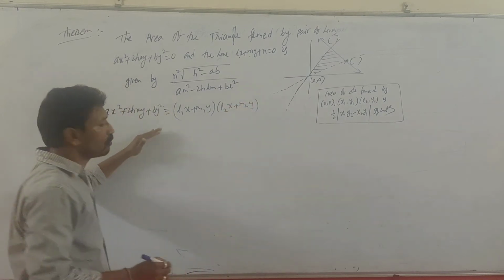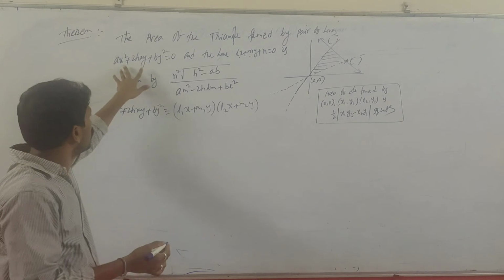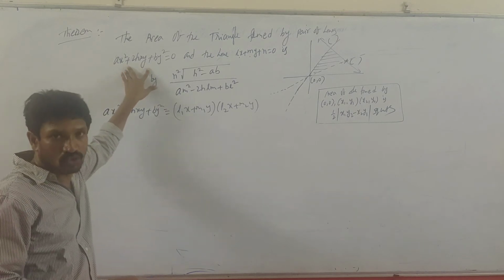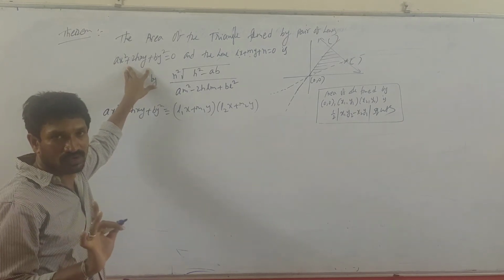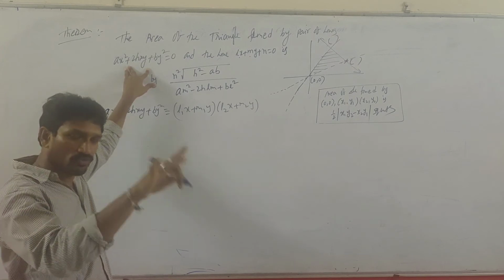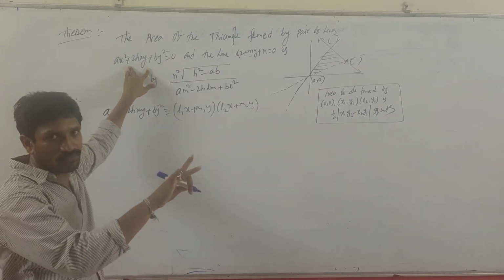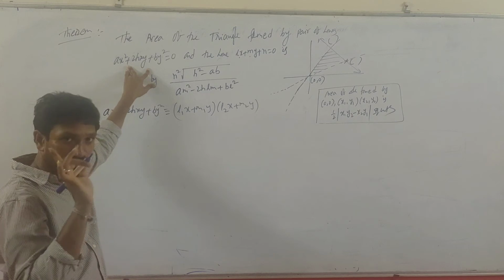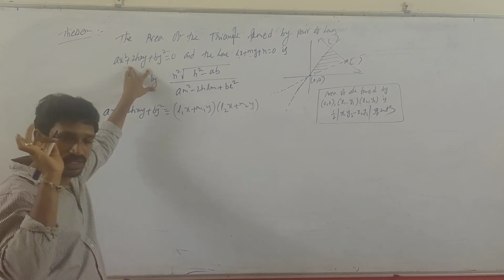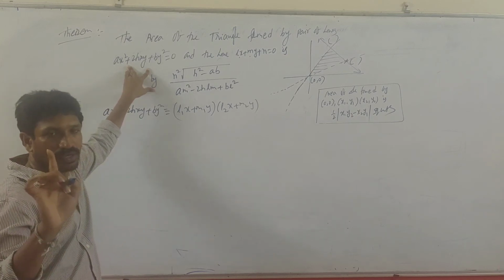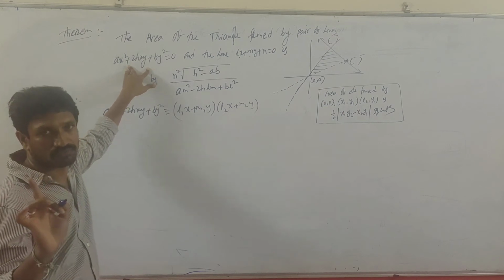Generally, I am going to prove the theorems with the homogeneous equation passing through the origin only. Just remember, I am not going to prove that one. If you want, you prove it yourself. But the proof is not important. Just remember the procedure and the formula.